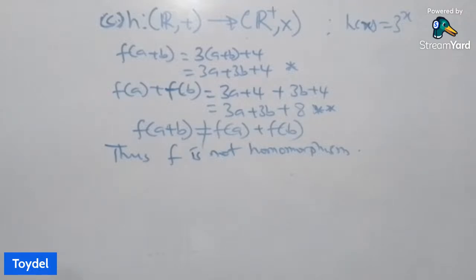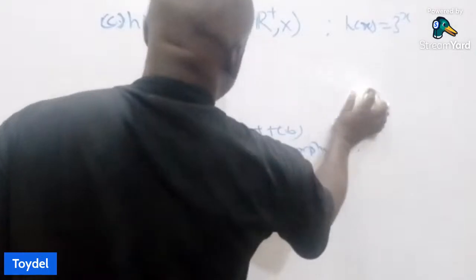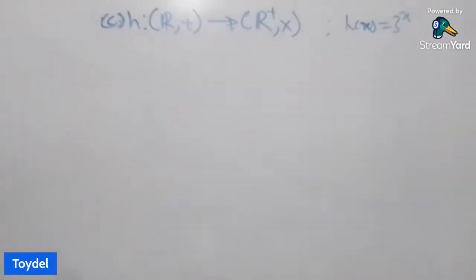That is the difference between ordinary mapping and homomorphism. For homomorphism, both sets must be groups. And when we are talking about a group, we must preserve the structure. In this case now, the structure here is positive and multiplication. That is the structure here.